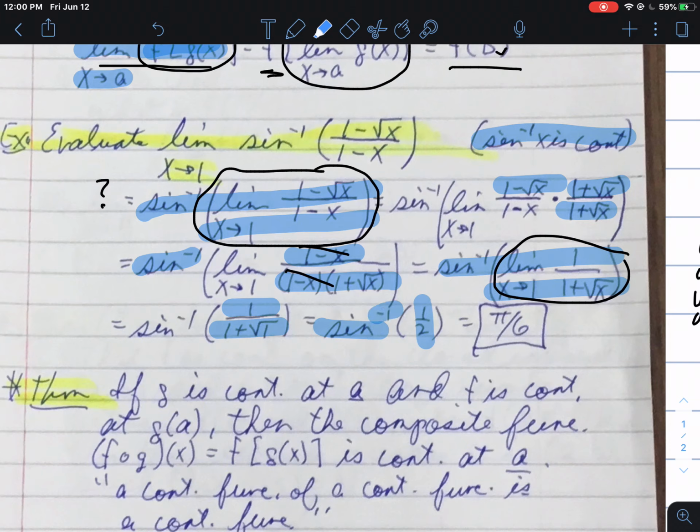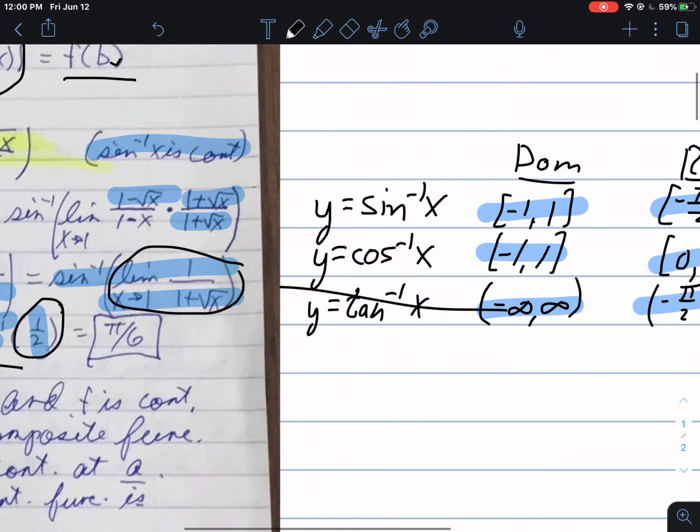Now again, quick review from the trig. What does it mean to evaluate the inverse sine of 1/2? The question is, what is the angle? Because the output of your inverse trig function is the angle whose sine is that, provided that it is in that interval.